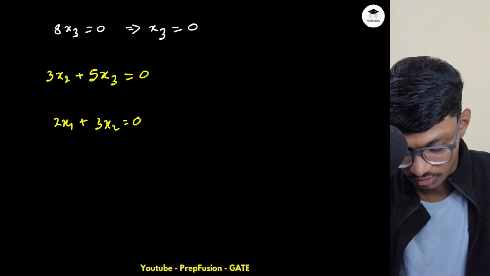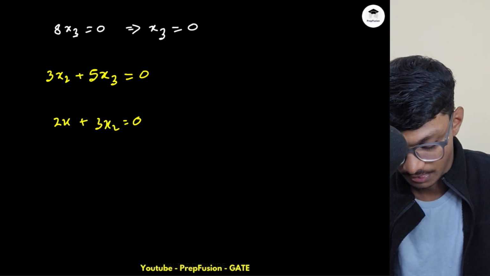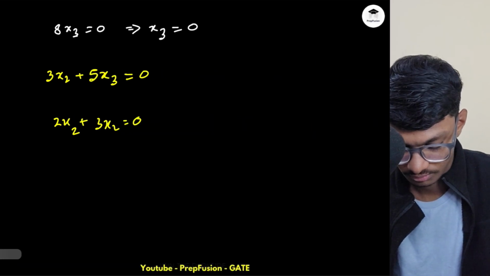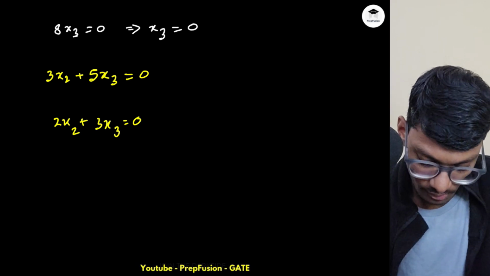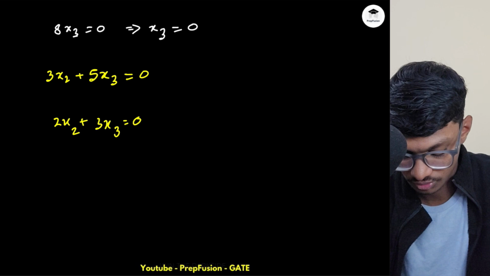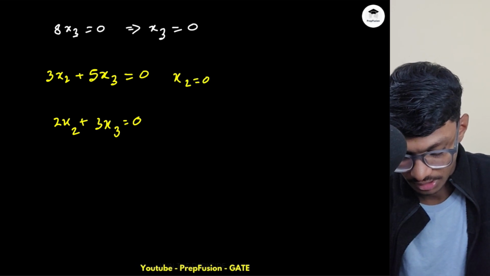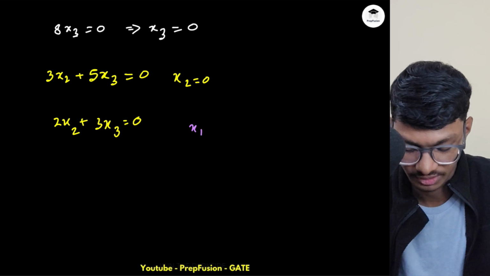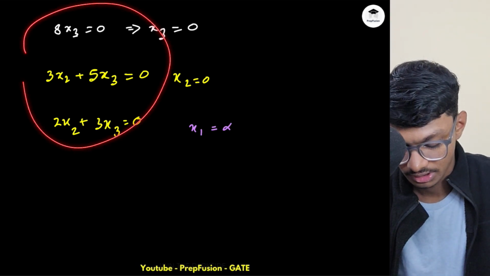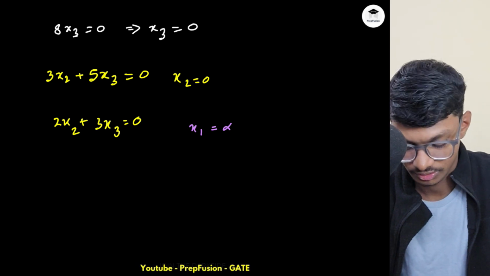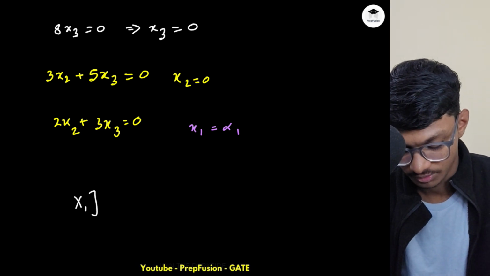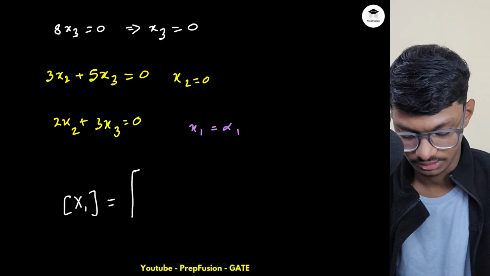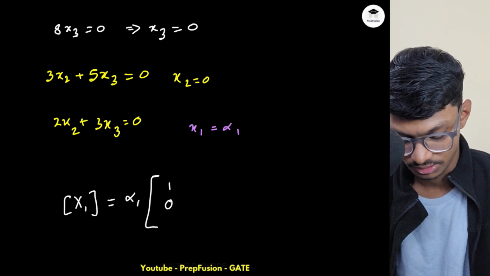There is no relation for x1, so x1 will obviously be the free variable. Since x3 is 0, x2 will also be 0, and x1 is free because I can pick x1 to be anything; it doesn't come into any of these three equations. So x1 can be alpha 1. My eigenvector corresponding to 1 is alpha 1 times (1, 0, 0).